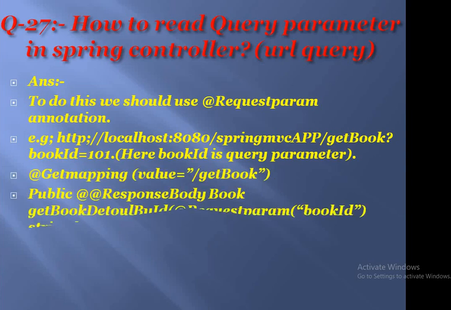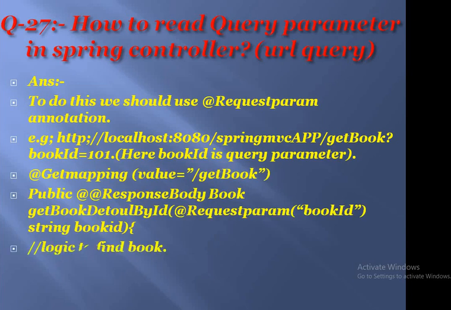To access this bookId query parameter, we use @RequestParam inside our method argument, that is @RequestParam bookId. Now the bookId value will be copied to the String bookId. With the help of the @RequestParam annotation we can access the query parameter.